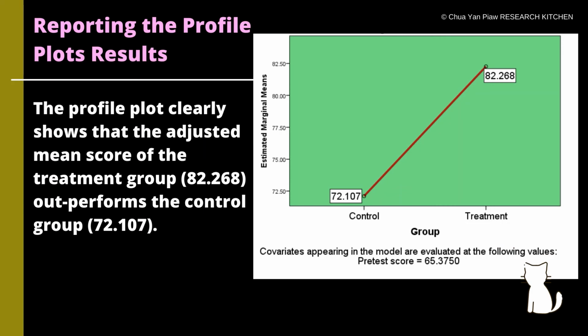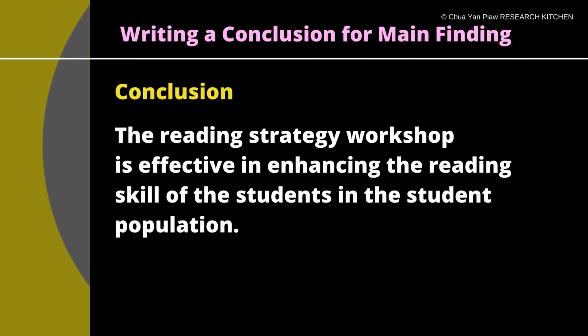The profile plot clearly shows that the adjusted mean score of the treatment group 82.268 outperformed the control group 72.107. In conclusion, the reading strategy workshop is effective in enhancing the reading skill of the students in the student population.